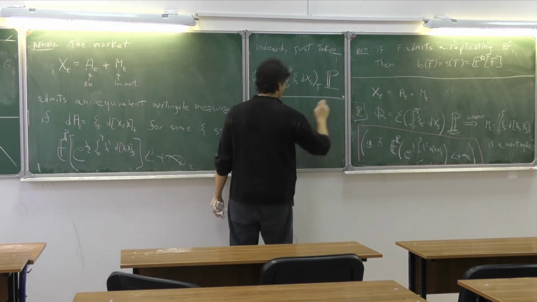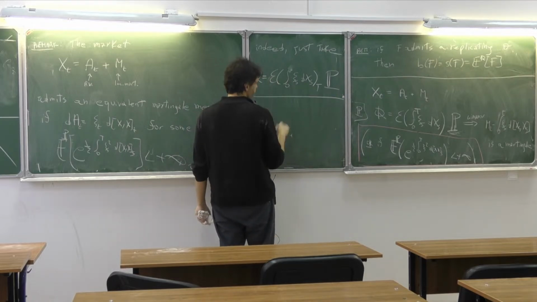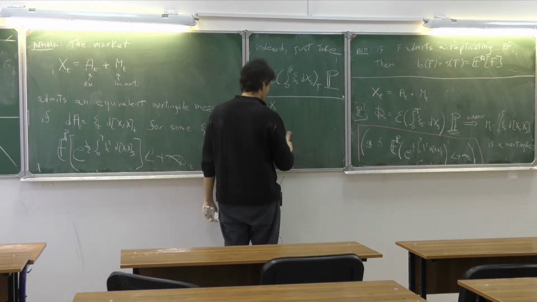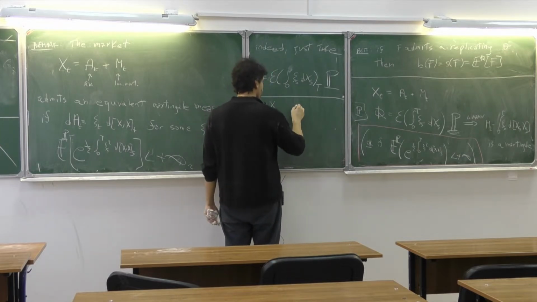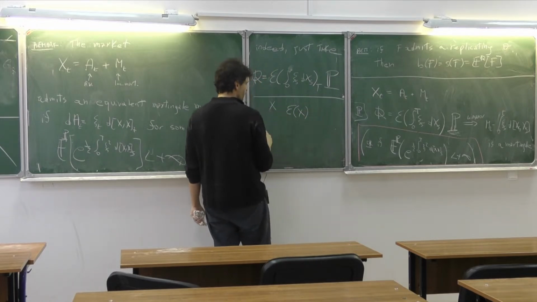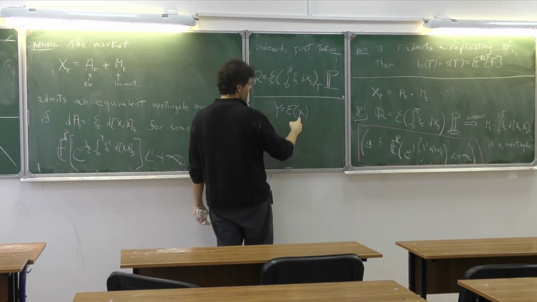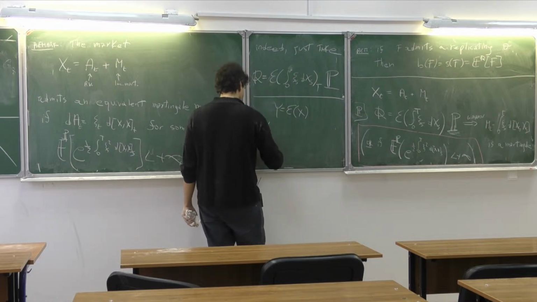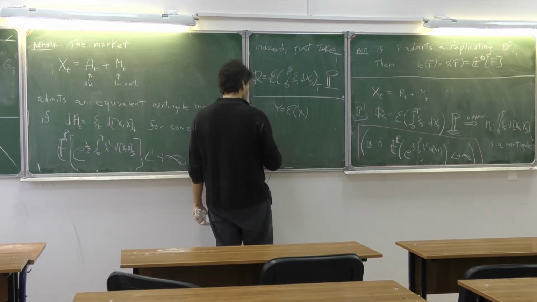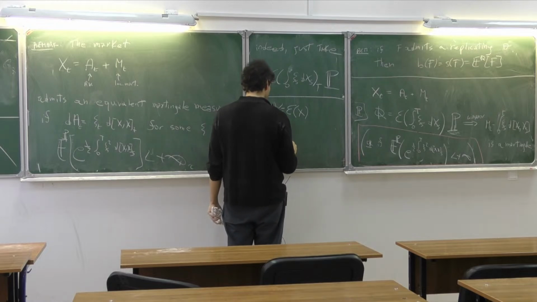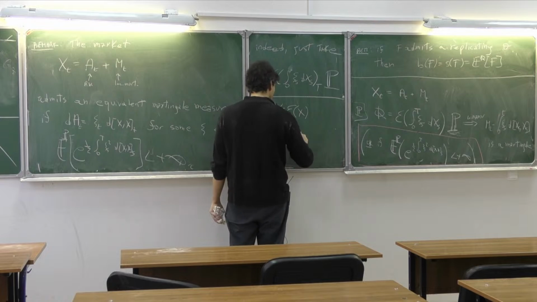Also, I recall that if x is the log of the martingale, the exponential of x was defined as the process y, by the relation that y at time 0 is 1, and dy_t is y_t dx_t.